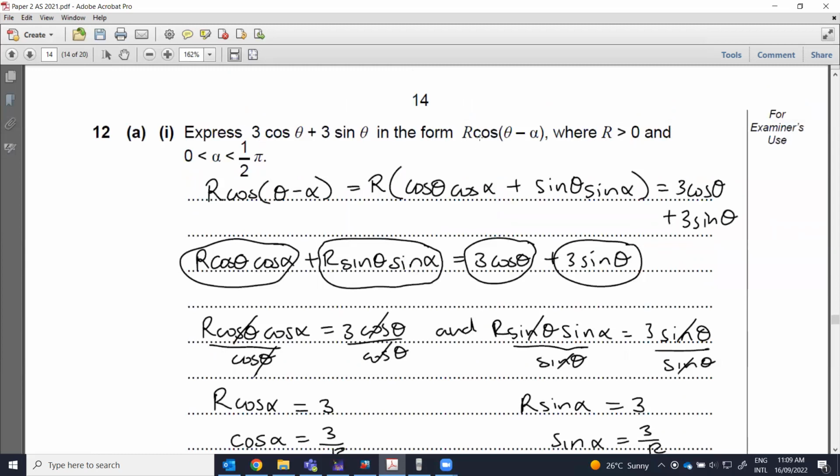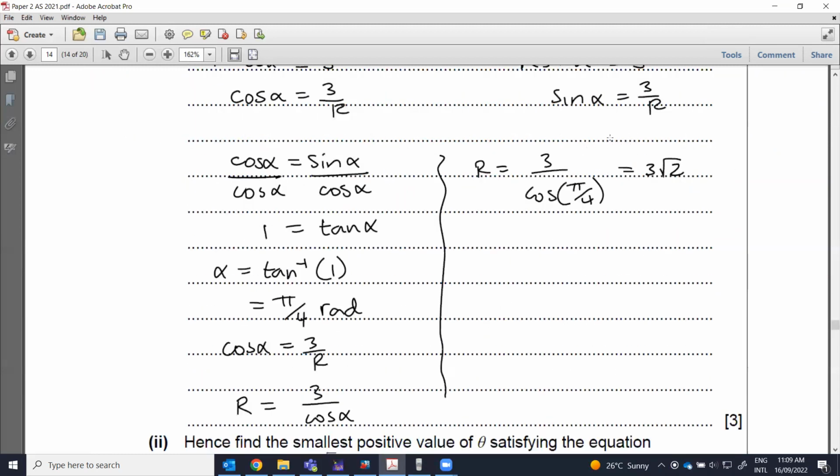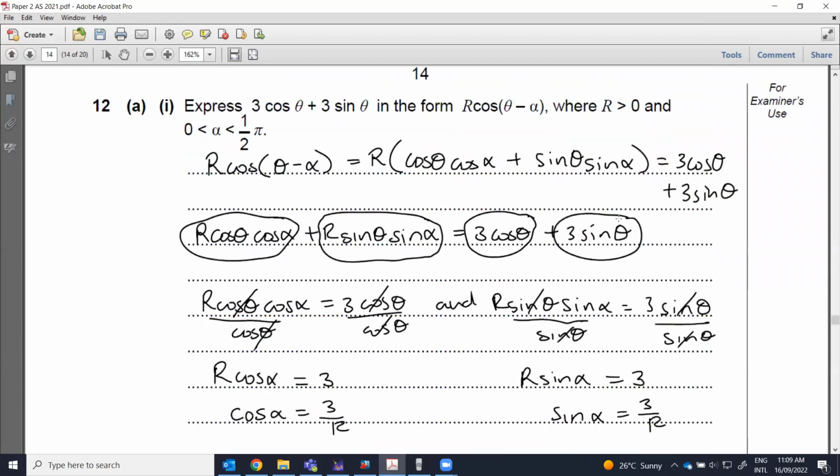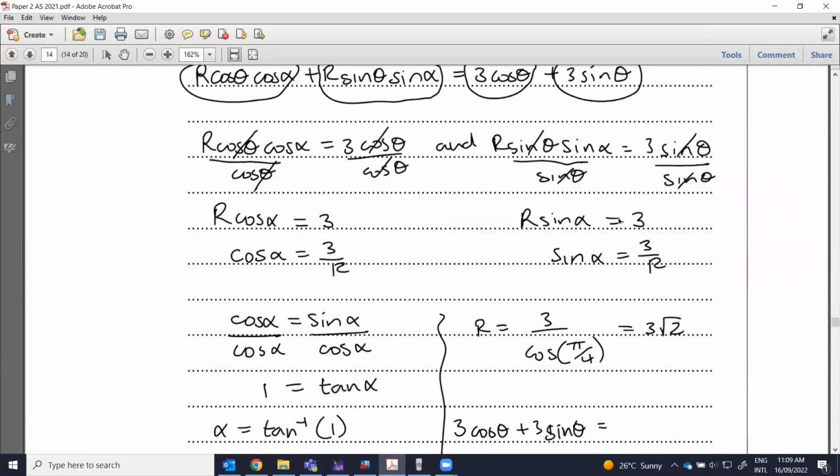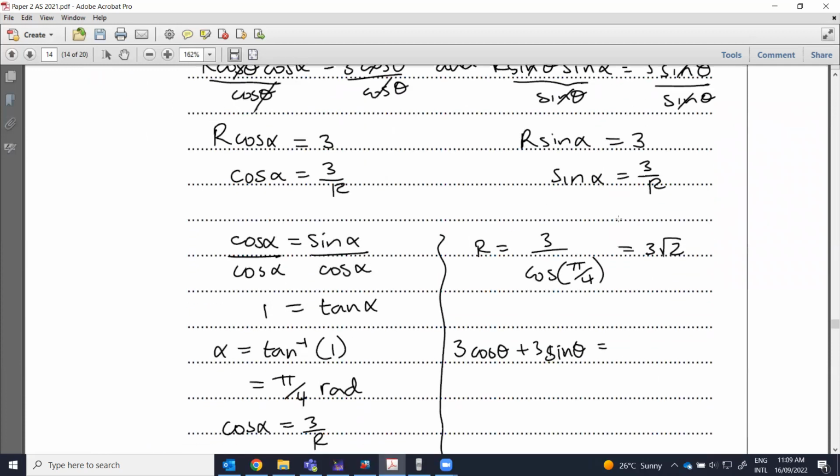We've solved for r and we've solved for alpha, so we just rewrite it: 3 cos theta plus 3 sine theta is equal to 3 square root of 2 cos(theta minus pi over 4).